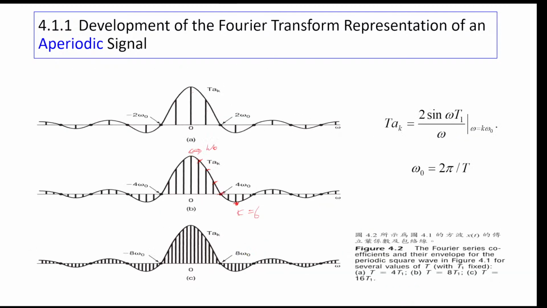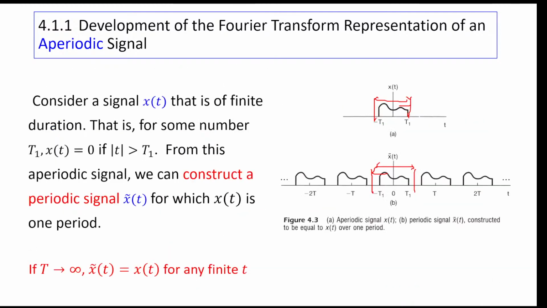So we say we have some signal with some finite duration, and we try to derive the Fourier series representation. We have some finite duration signal from -t1 to t1, and we want to derive a Fourier transform representation, and we start with the periodic signal.